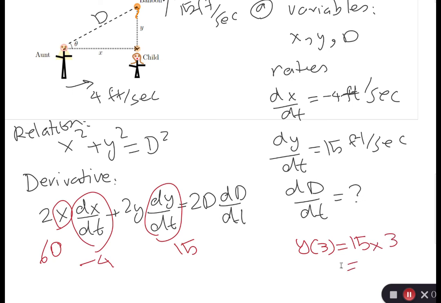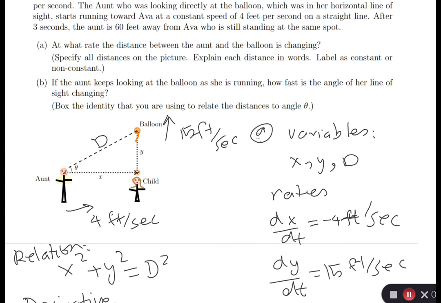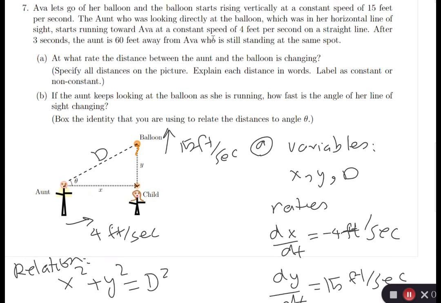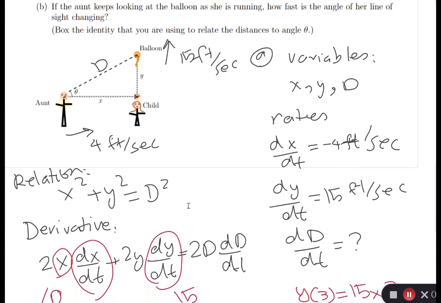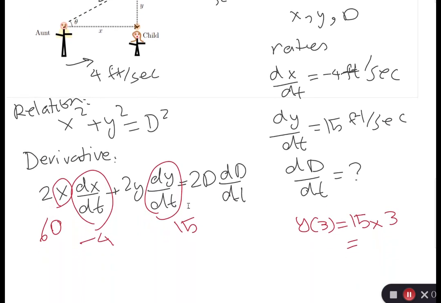Let's go back up. It says 3 seconds later, so the balloon had 3 seconds to rise at 15 feet per second. So it's 45 now.